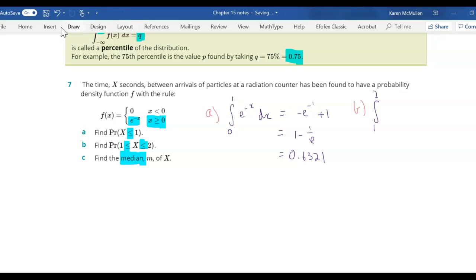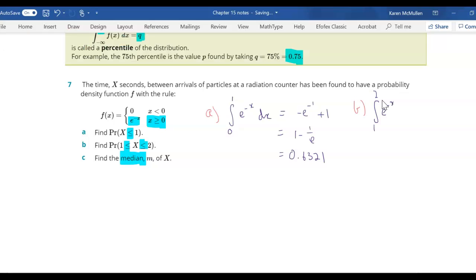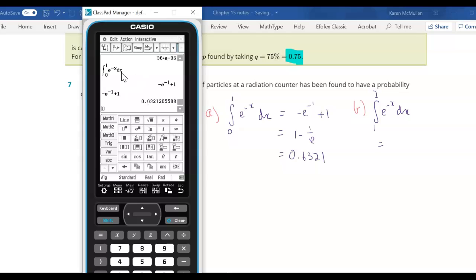All right, so we've got e to the negative x dx. We'll just do that on the calculator. Again, easy to do without the calculator, but I'm just going to copy. So we're going from 1 to 2 now. It's going to give me the exact value first.